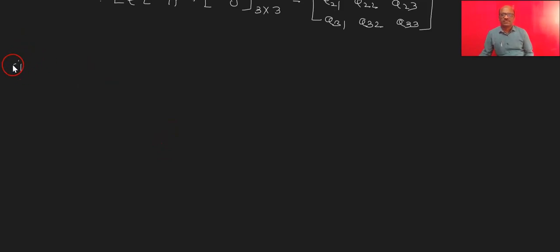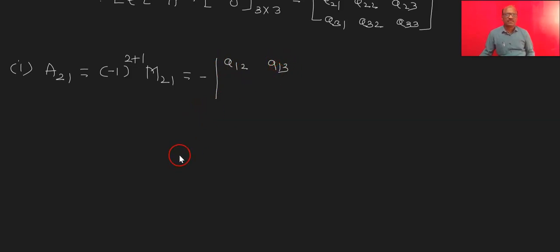First is calculate the value of capital A21. Capital A21 is equal to minus 1 raised to 2 plus 1, M21. Overall you will get minus 1, and here is a12, a13, next is a32, a33.